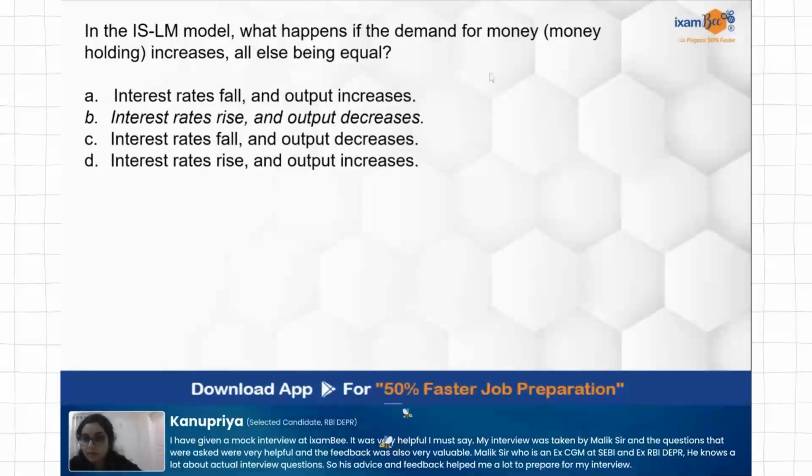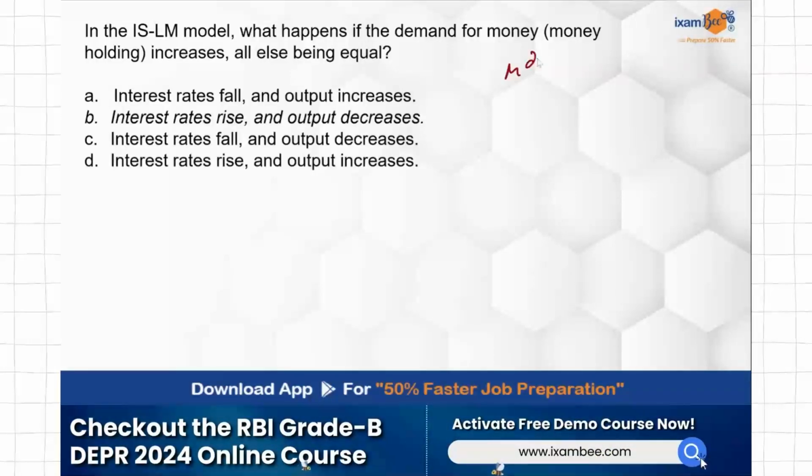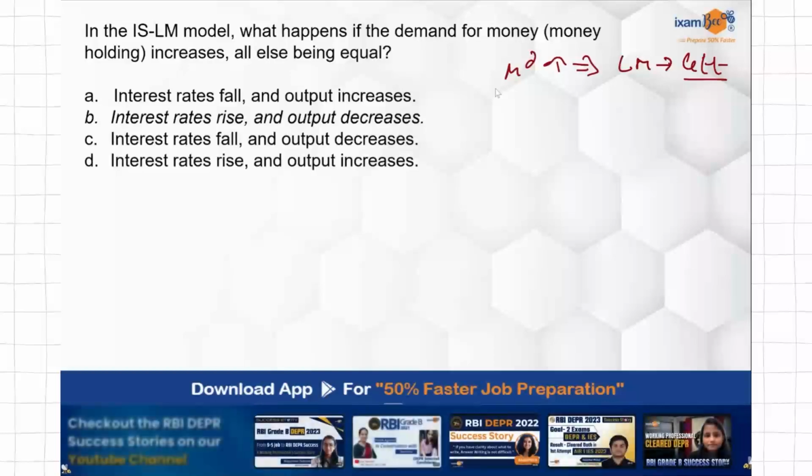Okay. In the IS-LM model, what happens if the demand for money increases, all else being equal? If the demand for money increases, your LM curve will shift towards the left, right?